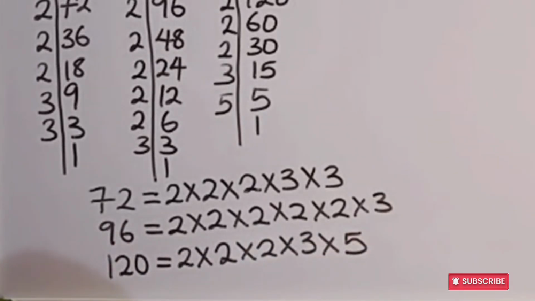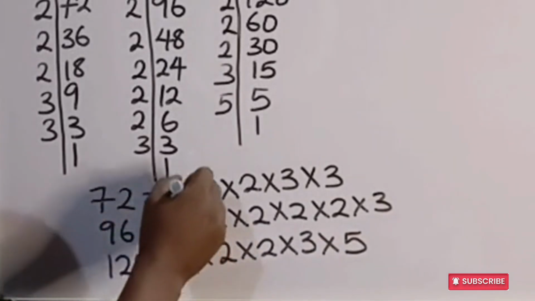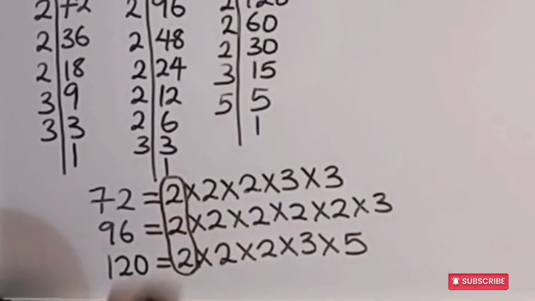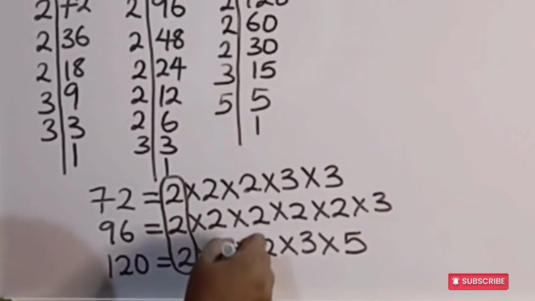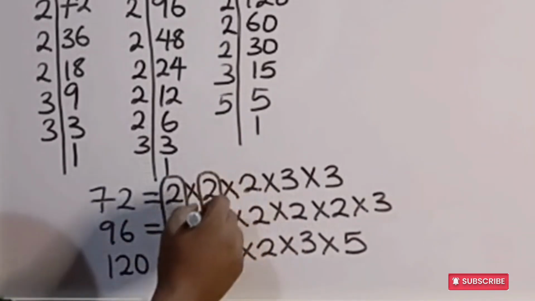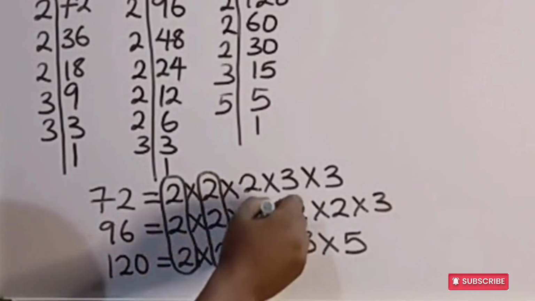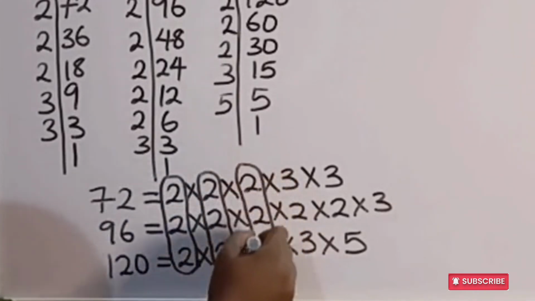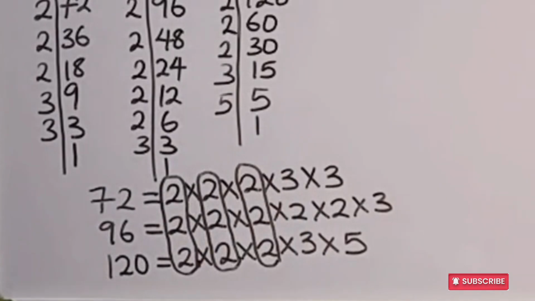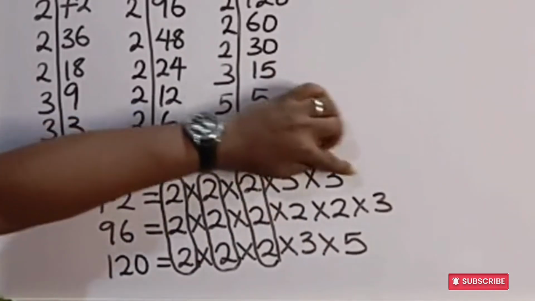So now let's bring the values that are common together. We have 2 here. We have 2 here. We also have 2 here. So do we have any other thing that is common? We have 3, 3, 3.